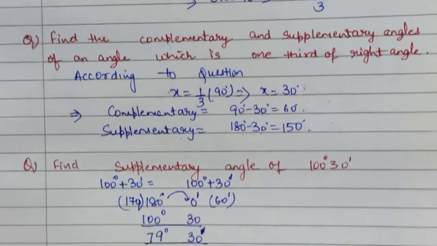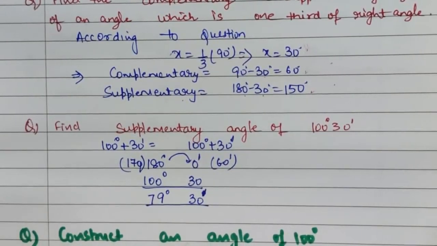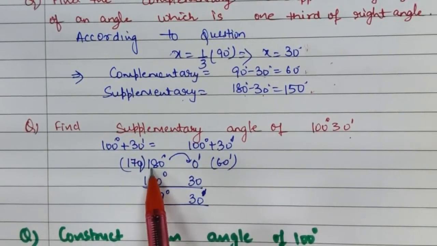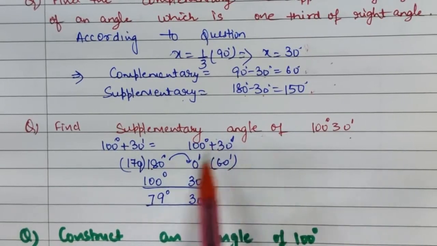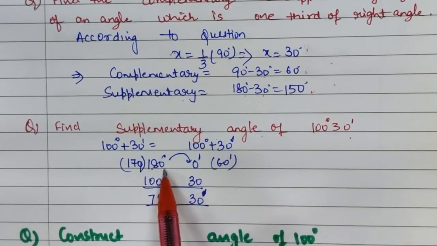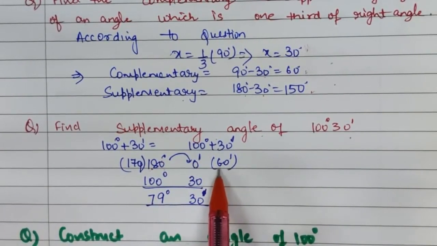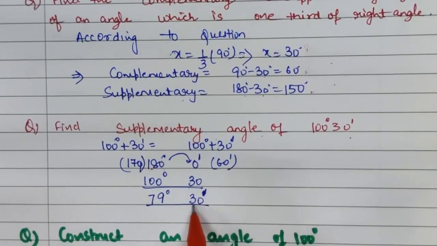Now, find the supplementary angle of 100 degree 30 minutes. We have to subtract it from 180 degree. 0 minutes, borrow 1 degree, that is 60 minutes. Now, 60 minutes minus 30 minutes, 30 minutes. Here we are left with 179 degree minus 100 degree, that is equal to 79 degree.